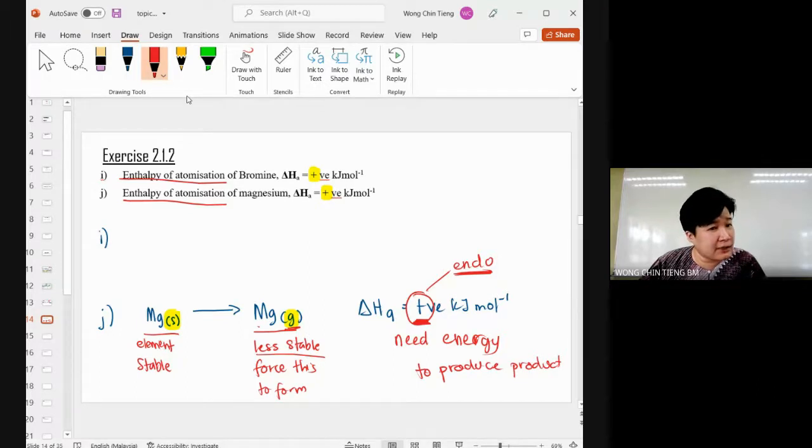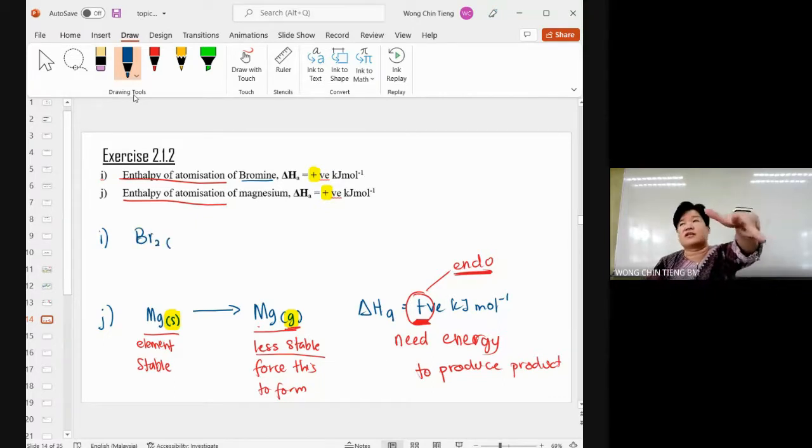But if exothermic, it is the opposite. If exothermic, I don't do anything, it just happens. So the product is easy to form. Okay. Same thing over here, your atomization of bromine, the tips that I gave you just now. Bromine element, Br2. Gas, liquid, solid, aqueous? Liquid, thank you Fazana.